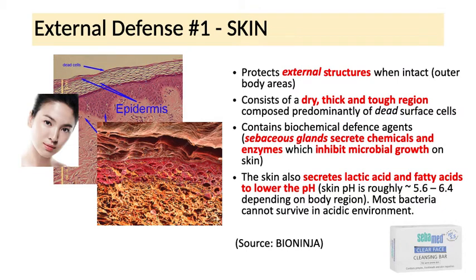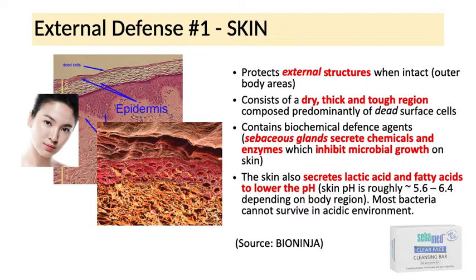Other than that, our skin also produces some chemicals that inhibit the growth of fungi or other microbes like bacteria. These come from the sebaceous glands, which are basically the oil producing glands located on our skin.